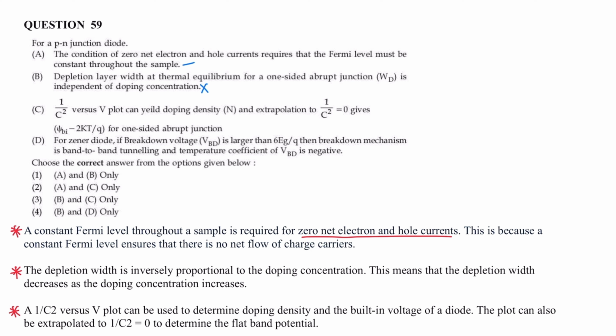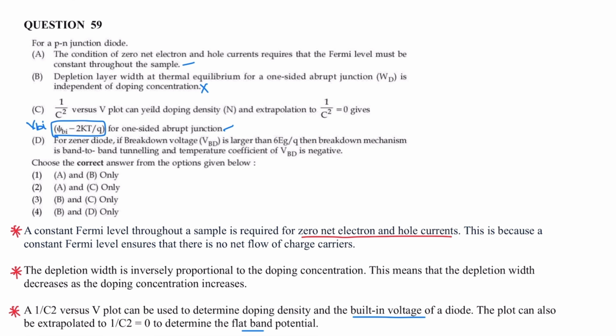This is the built-in potential, VBI, for a one-sided abrupt junction. So a 1/C² versus V plot can be used to determine the doping density and built-in voltage of the diode. The plot can also be extrapolated to 1/C² equal to 0 to determine the flat band potential. So statement C is correct. Statement D: for a Zener diode, if the breakdown voltage VBD is larger than 6 electron volts, then the breakdown mechanism is band-to-band tunneling and the temperature coefficient is negative.